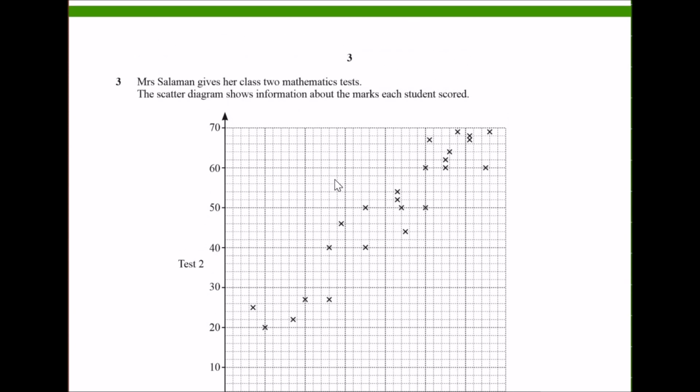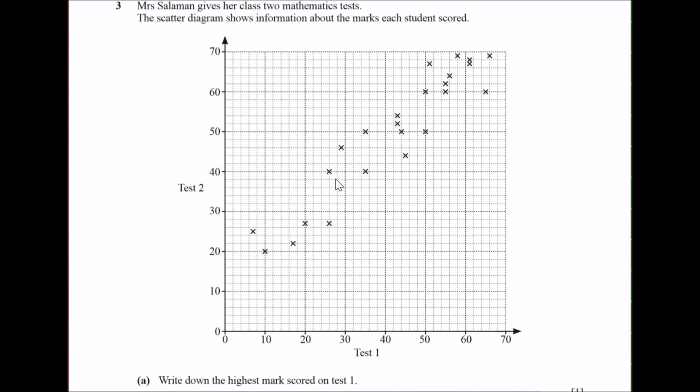Question number 3. It says Mrs. Salman gives her class 2 mathematics tests. The scatter diagram shows information about the marks each student scored. Now write down the highest mark scored on test 1. So test 1 is shown on the x-axis.